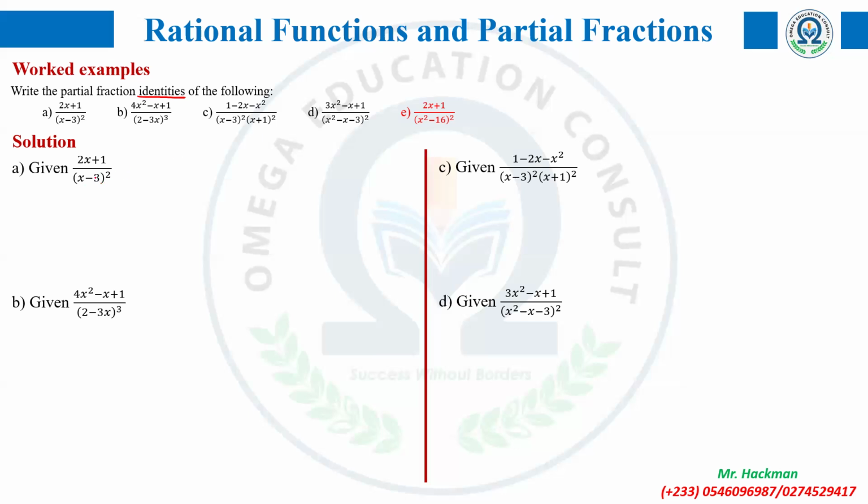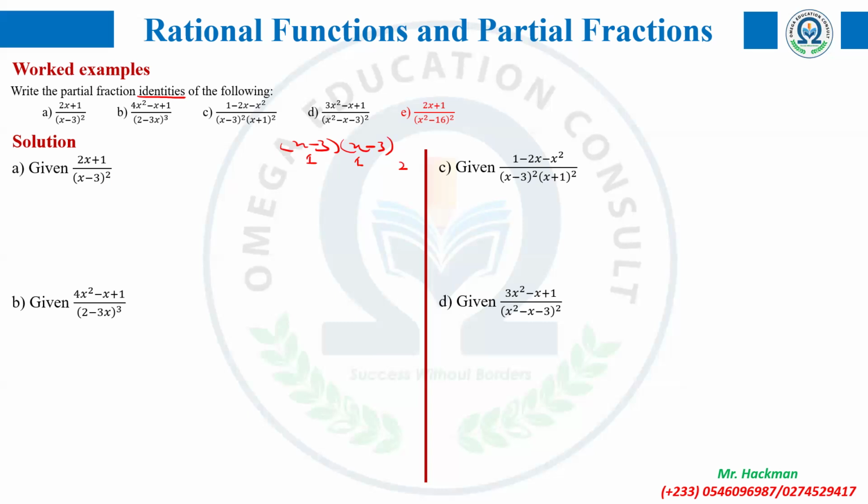The denominator contains 2 factors, x minus 3 and x minus 3. This one has a degree 1, this one has a degree 1. So if you add, the overall degree will be 2, because if you expand this, you get a quadratic. So the degree of the denominator is 2, not 1.